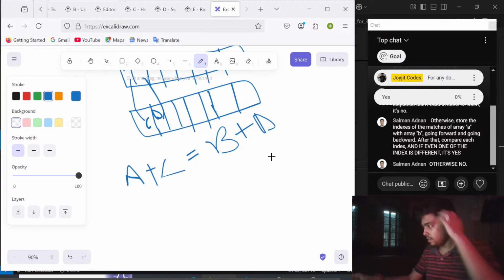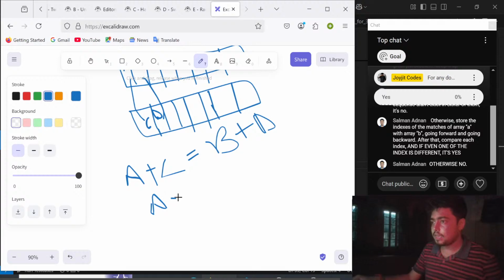Which also means that A minus B is equal to D minus C.